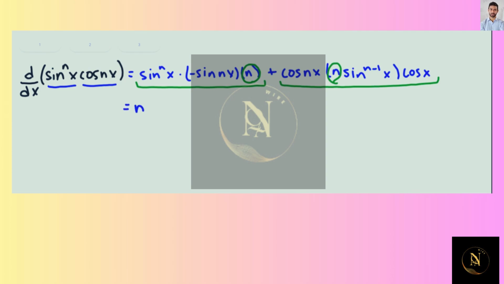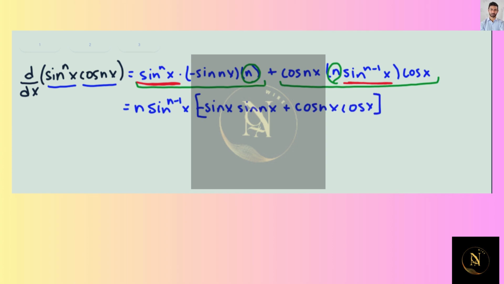And they also both have a common factor of sine of x to the n minus 1. So we'll factor that out. So what remains then in the first factor is that extra sine of x as well as the negative sine of nx. And what remains in the second factor is the cosine of nx times the cosine of x.